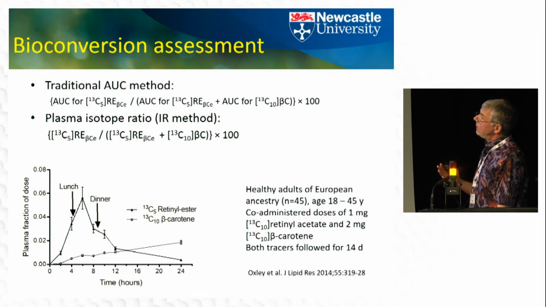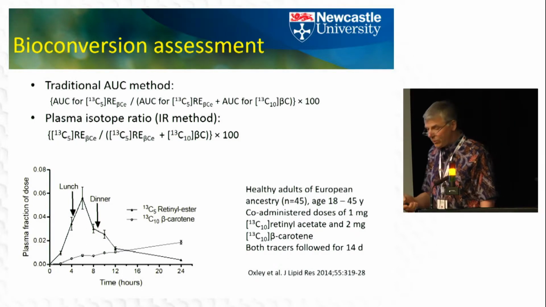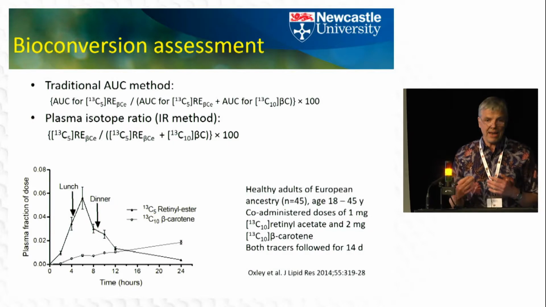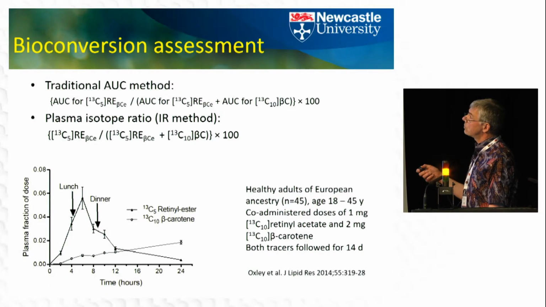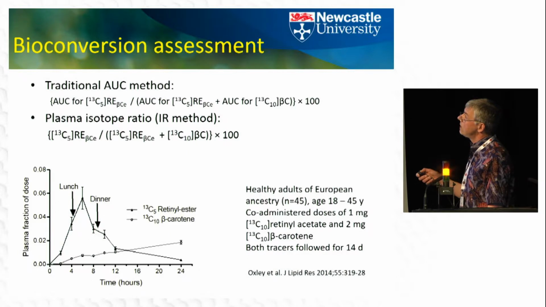In terms of the bioefficacy method, what we also wanted to do is see whether we can simplify the area under the curve method for bioefficacy. What we've done here is look, very similarly to the traditional AUC method, at the area under the curve for your retinol esters over the area under the curve of retinol esters plus beta-carotene, i.e. the products of beta-carotene, to see how much actually has been converted.